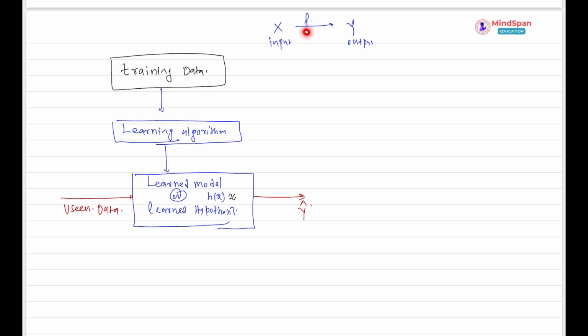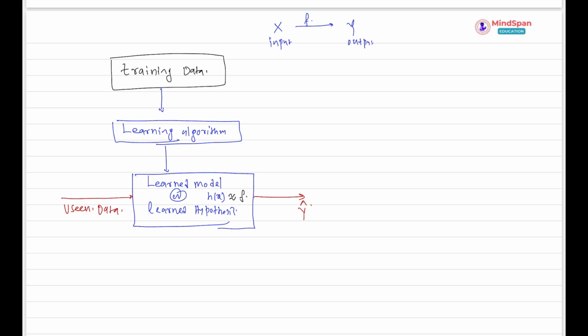So this learned model will approximate the true function, right? And we cannot find this ideal function, right? If we had this ideal function, we would not need the learning process, right? So through this training data, our learning algorithm will produce a learned model, h of x, and that learned model will approximate this ideal function, right?